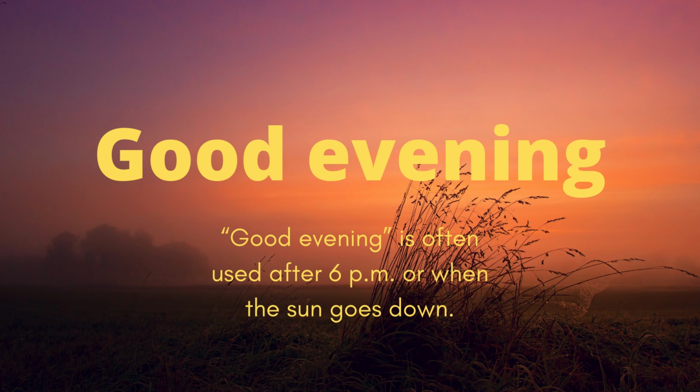But, like it mentions, this depends on when the sun goes down. So again, if you see a friend, a colleague, anyone that you know, or maybe someone that you don't know, after this time, you could say good evening. So as long as it's dark outside, more or less, or starting to get dark, you can say good evening.